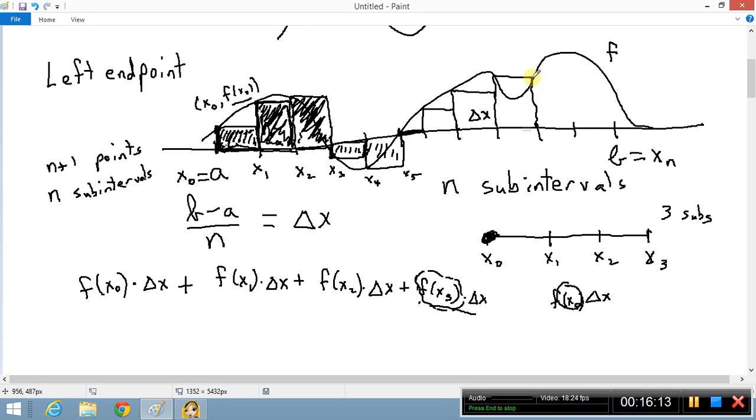Then this one is here. This one goes all the way up to there. And there we are at B. Okay?